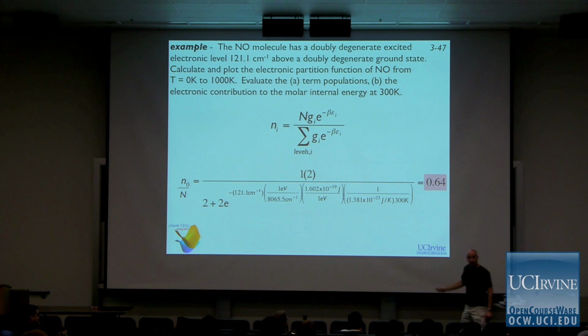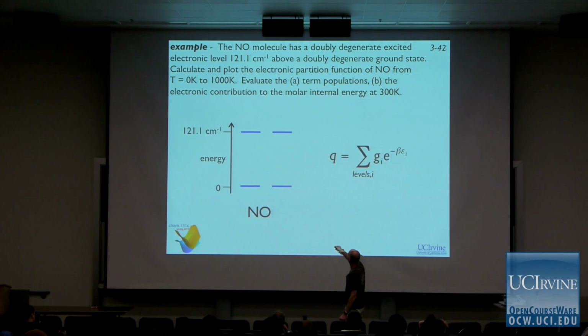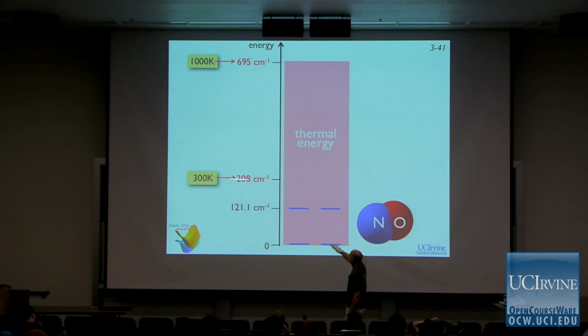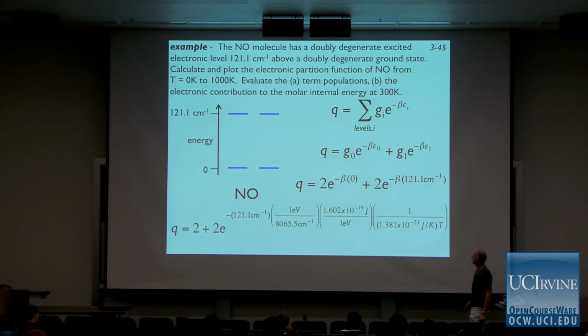Boom. 0.64. 64% of the molecules are in the ground state, and we're talking about 300 degrees Kelvin here. Where's 300 degrees Kelvin on this plot? 300 degrees Kelvin is more than 121, but nowhere near 1000. Okay? Just to calibrate you. Let me go back to where I was.